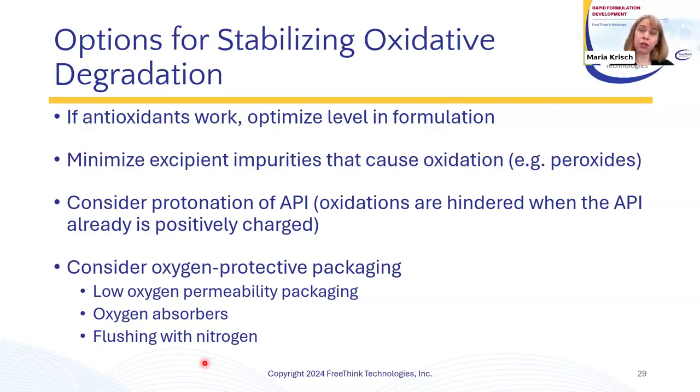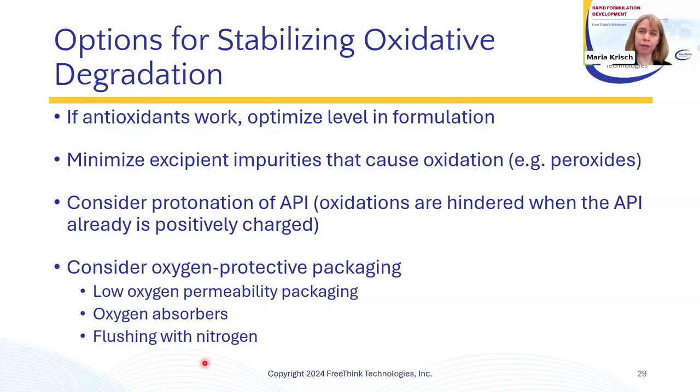If you're still at an early stage of development and different forms of the API are being considered, it's worth considering protonation of the API. So in general, oxidations are hindered if the API is already positively charged. So again, if you're still doing API screens, that's something to think about. And that's something that can, again, stop the problem at its source.